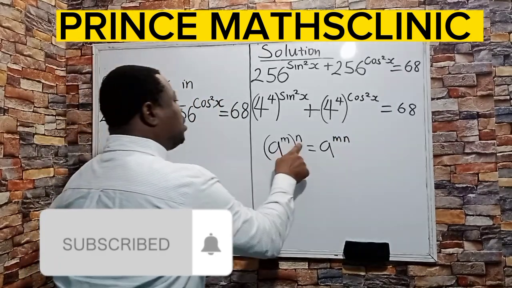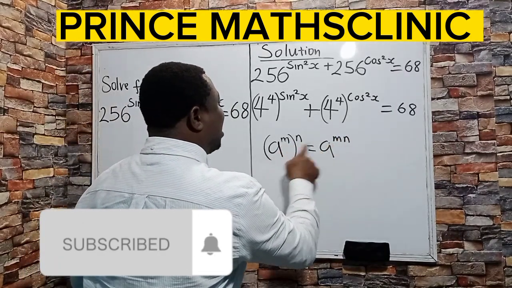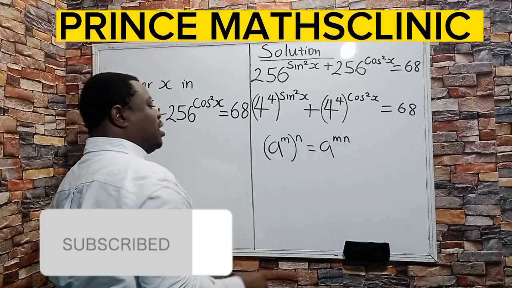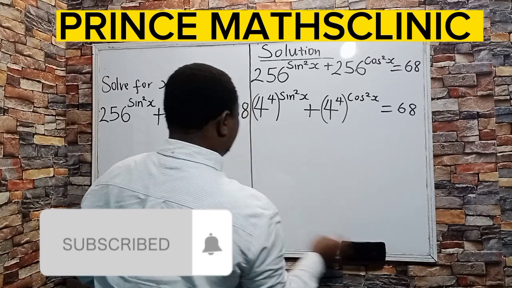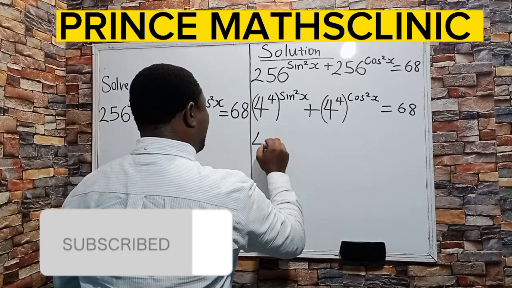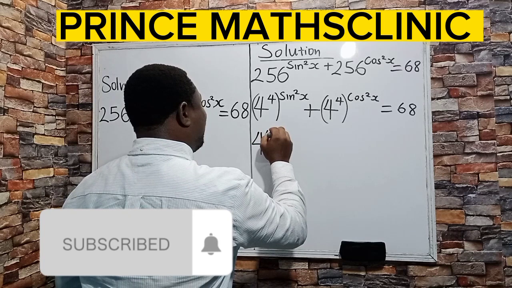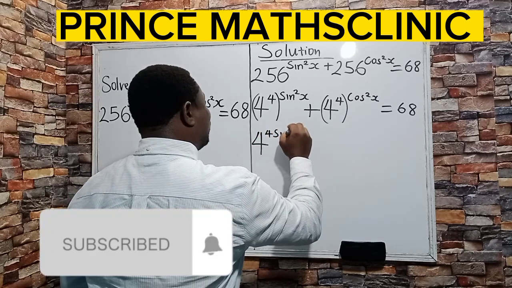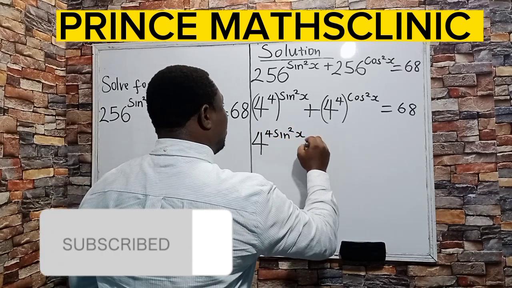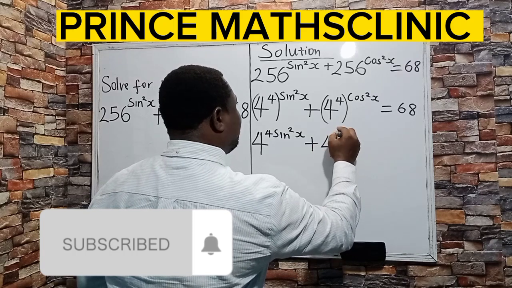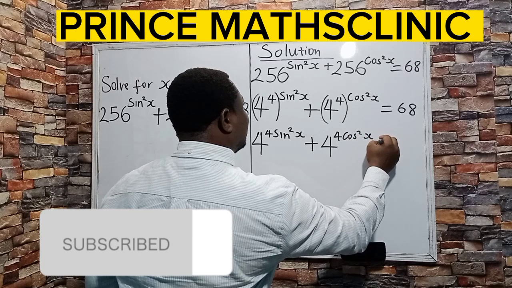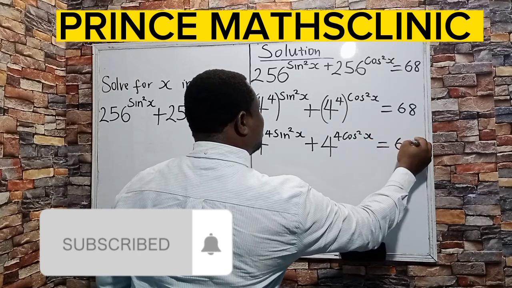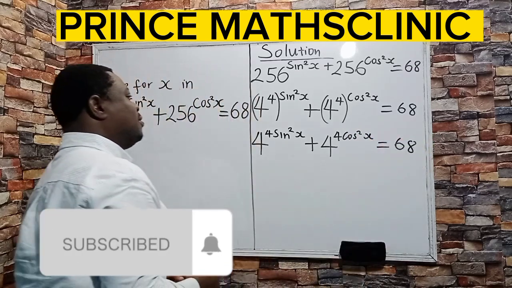So we are free to multiply these two powers together in this instance. So it gives me 4 to the power of 4 sine squared x plus 4 to the power of 4 cos squared x, all equal to 68.